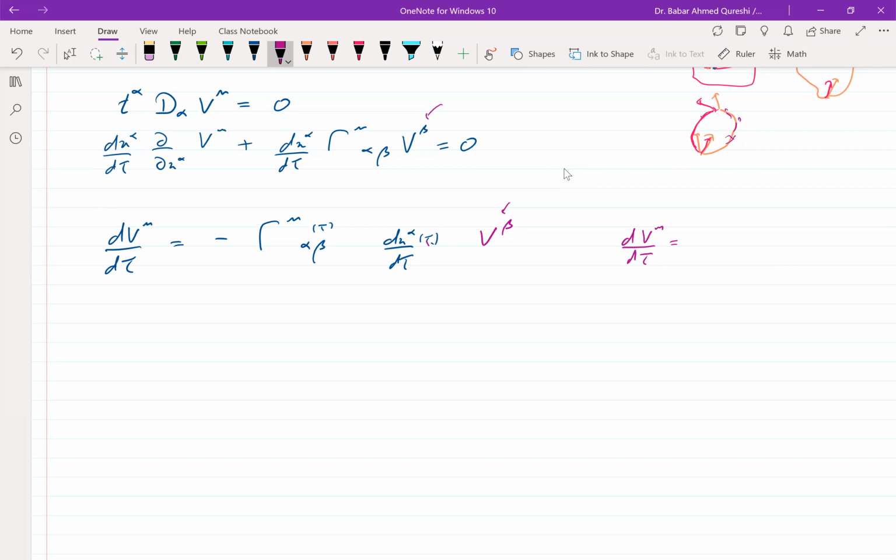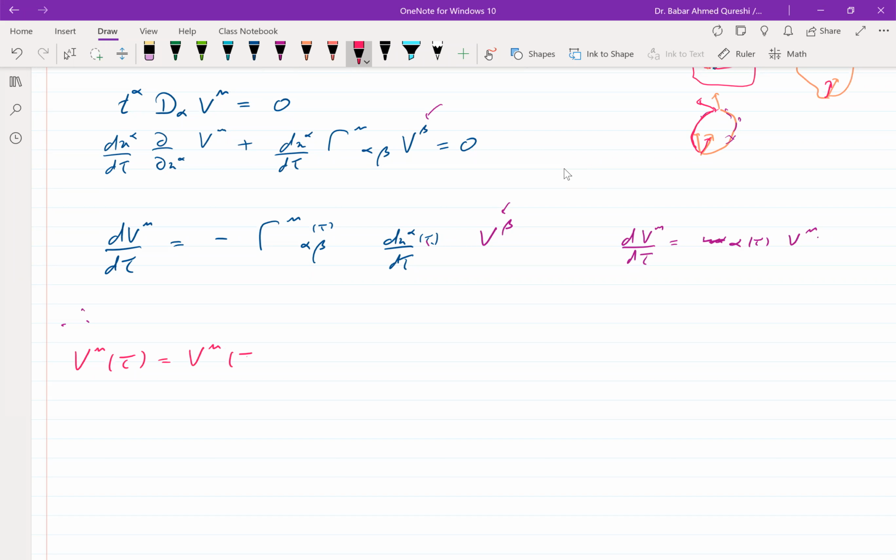This is alpha of tau v mu, something like that. So then we have just figured out how to write a solution for this.